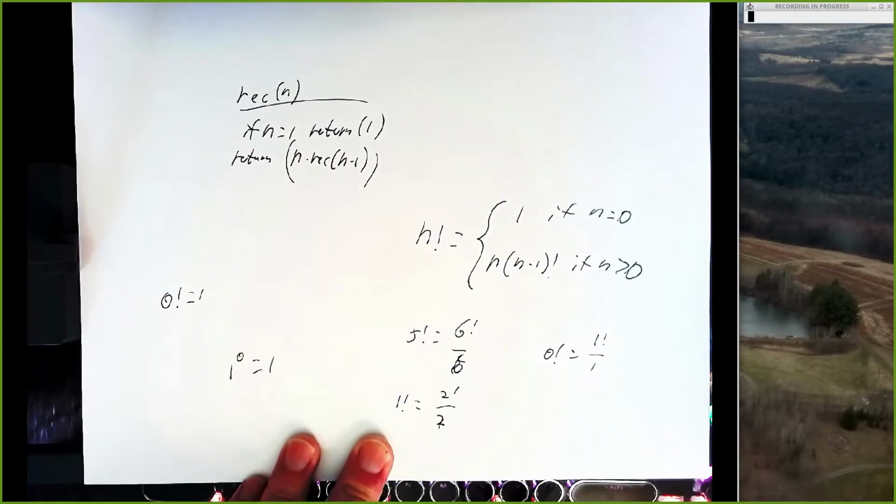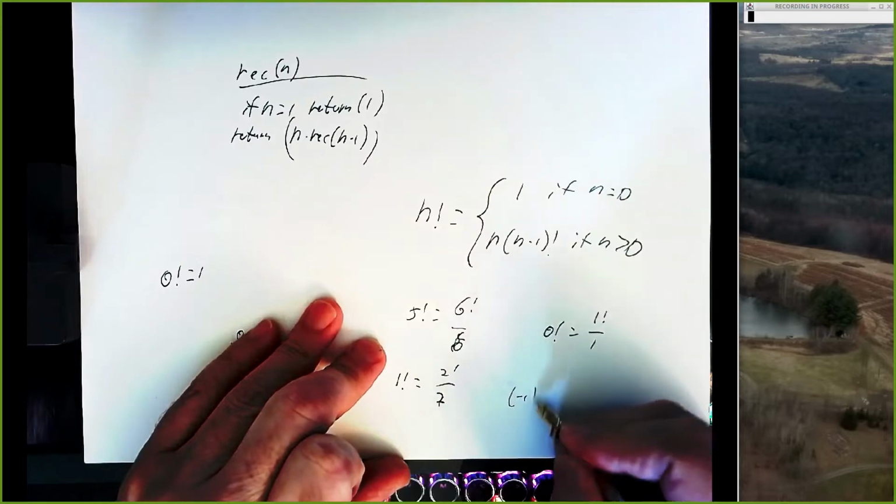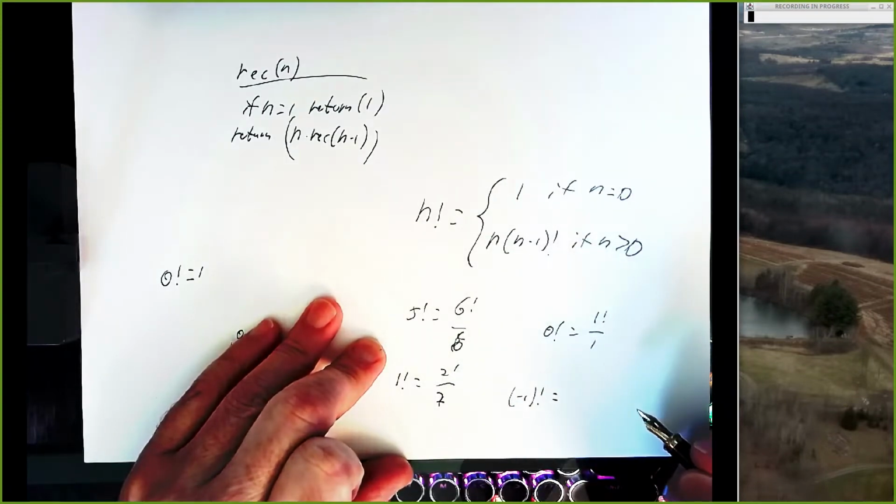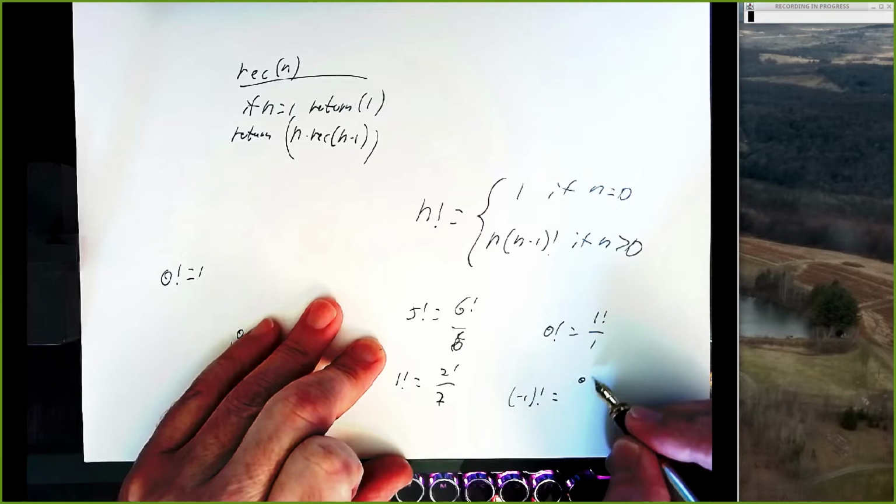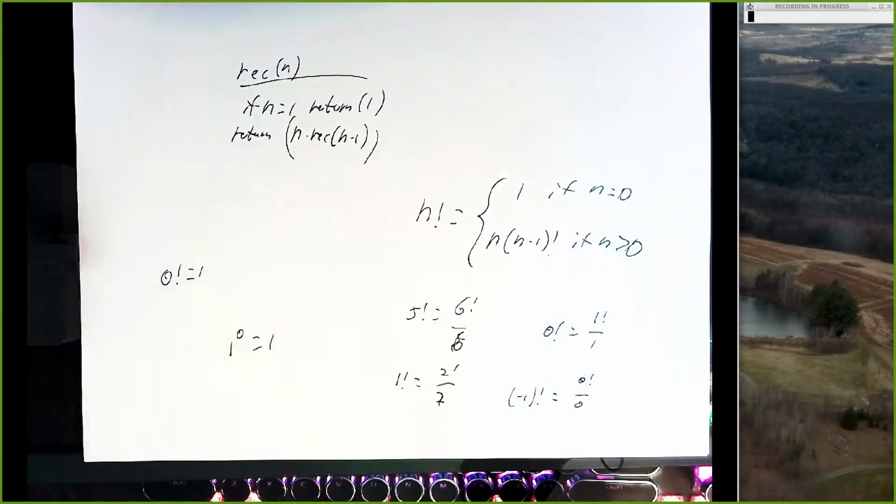That makes sense. So what is negative 1 factorial equal to? Negative 1 factorial would blow up. Interesting. And in fact, that is what negative 1 factorial is.